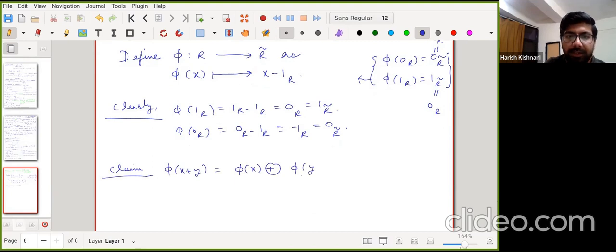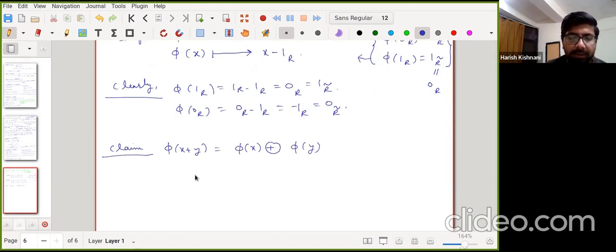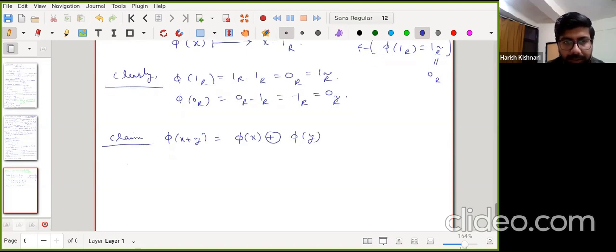This addition is in the new ring setup and this one is in the old ring setup. So let us pick the LHS part. LHS is phi of x plus y, which is nothing but x plus y minus 1 of R.